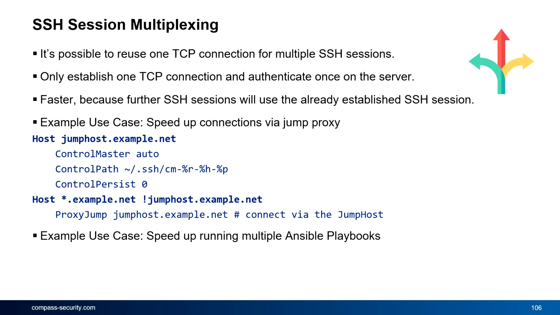Another example is if you have multiple Ansible playbooks you want to execute against one target. For every playbook, a new SSH connection is established, and you have to authenticate again every time. You could also use this session multiplexing feature so that an already established connection will be used over and over again for all playbooks.